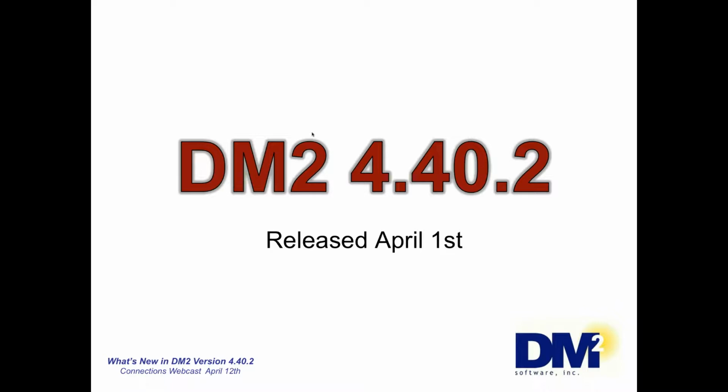We call it 4.42. That's the quick nomenclature. If you're on 4.4 now, you're on 4.4.1. So this is our newest version, released on April 1st and available for install. If you are in the upgrade queue and you're a ways out, you can discuss with your upgrader whether you're going to be .1 or .2.